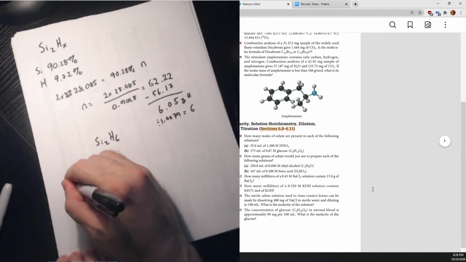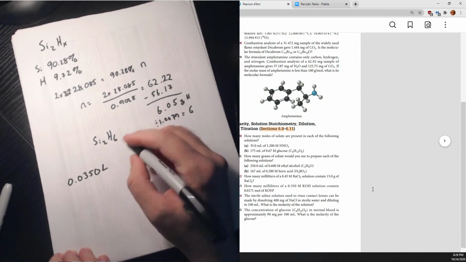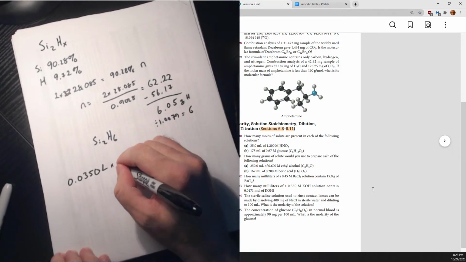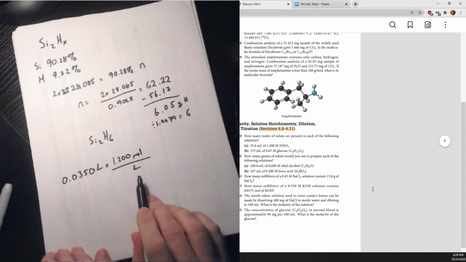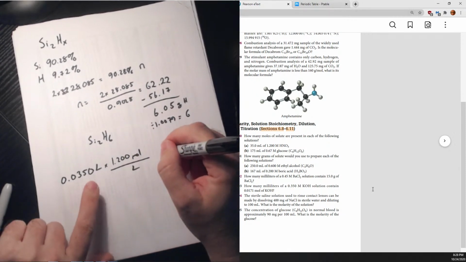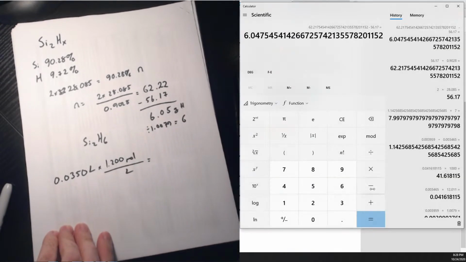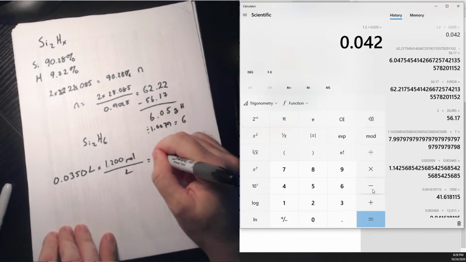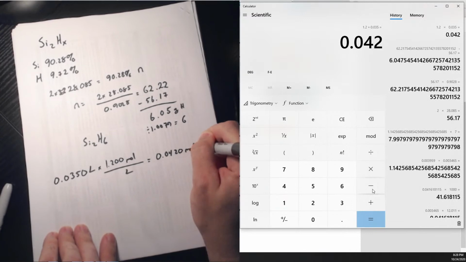So 35 mL is 0.0350 liters times 1.200 moles per liter. Remember, molarity is moles per liter, which is why I converted that to liters. 1.2 times 0.035 is 0.0420 moles of nitric acid.